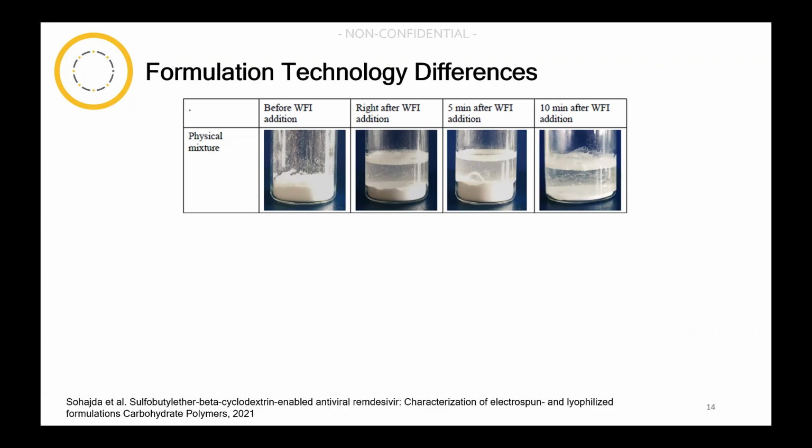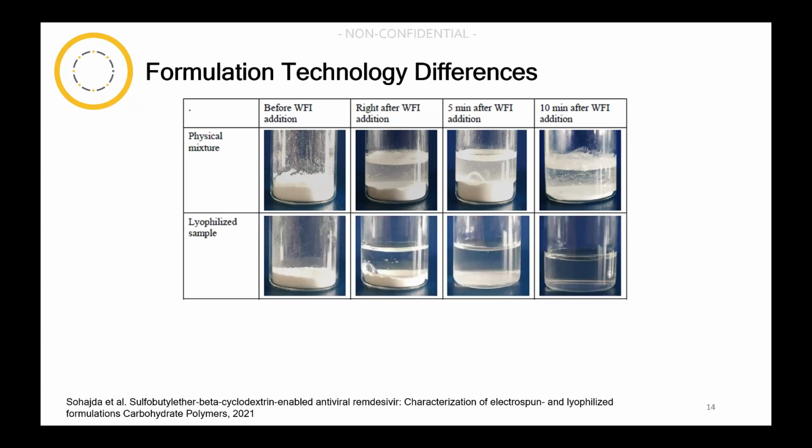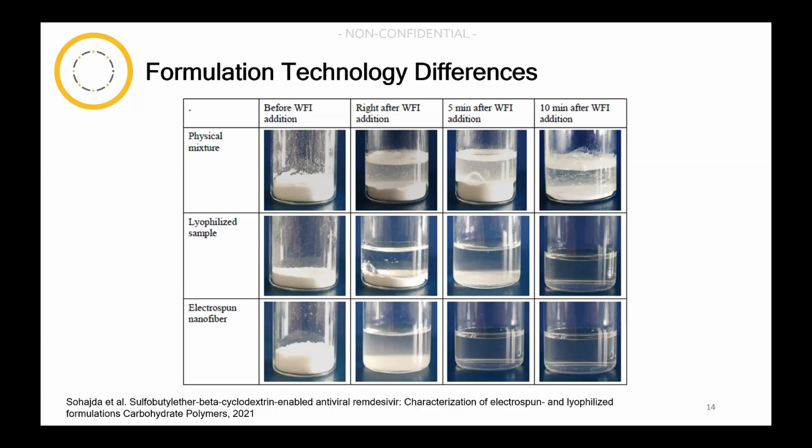Maybe it disperses, maybe some molecules are dissolved, but all in all, it's not the best. The lyophilized samples are dissolving in 10 minutes. In 5 minutes, you still see the particles, but with the electrospun nanofibers, you can see that already in 5 minutes it is dissolving completely.